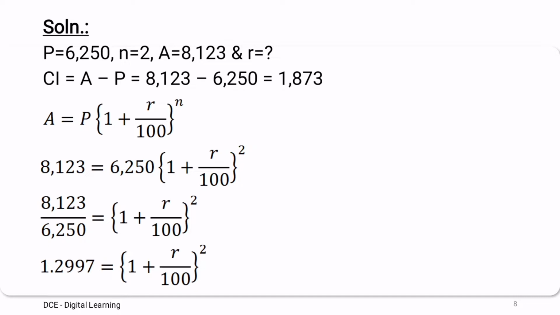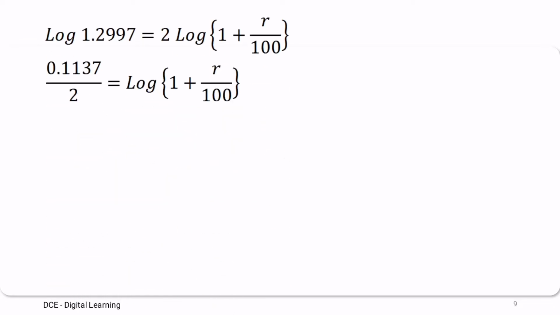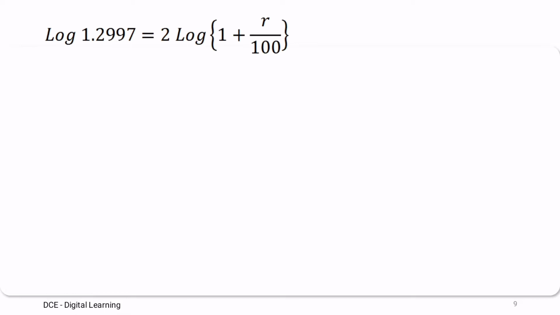So 8,123 divided by 6,250 is 1.2997. This equals 1 plus R divided by 100 raised to 2. Now we can apply laws of logarithm. So log of 1.2997 equals 2 into log of 1 plus R divided by 100.